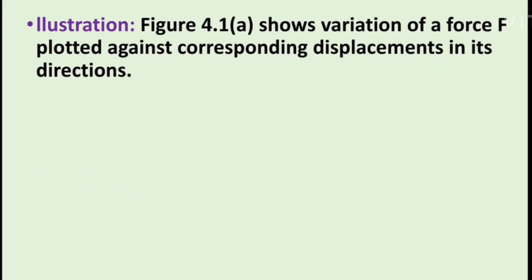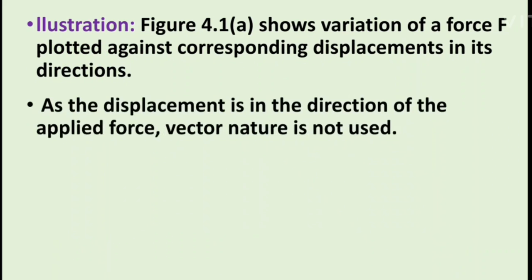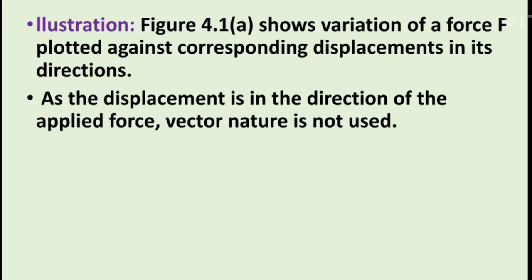Illustration from Figure 4.1a shows variation of a force F plotted against corresponding displacements in its direction. As the displacement is in the direction of the applied force, vector nature is not used.